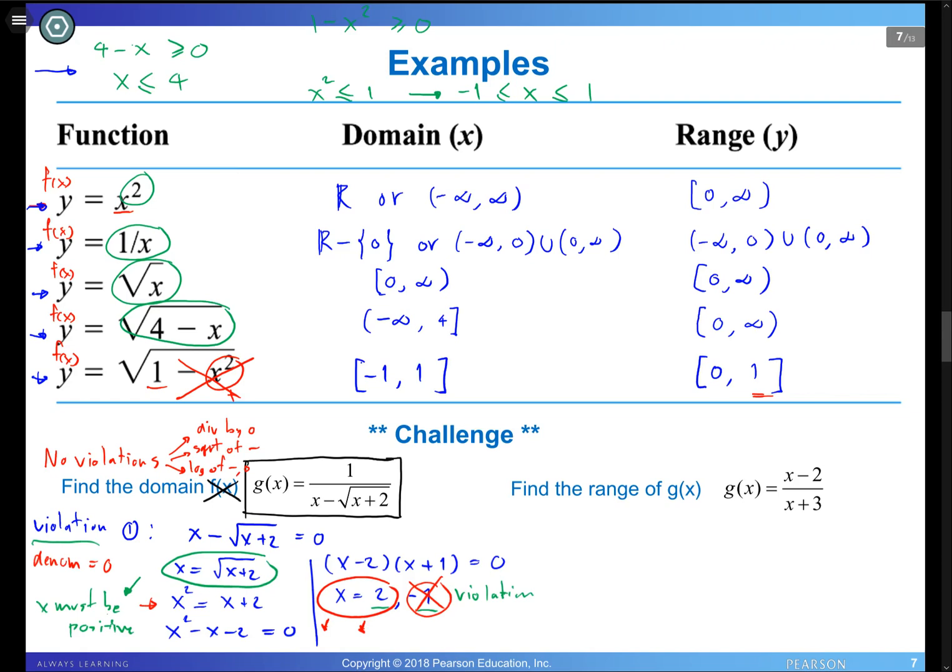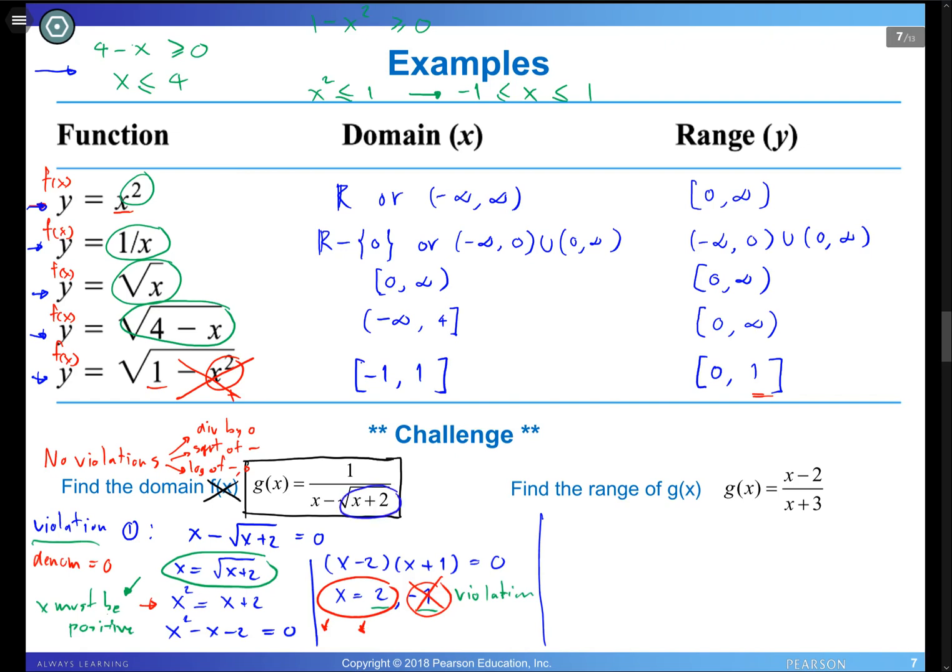Now, that is not the only violation we have here. Let's take a look at violation number 2. Violation number 1 is about the denominator equal to 0. It turns out that we have another thing to be careful of, because we have this square root right here. The inside of the square root cannot be negative.